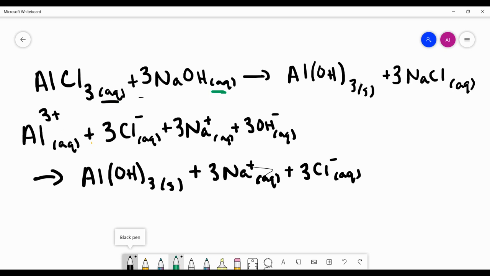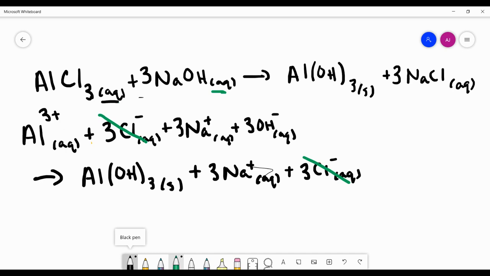So 3 chloride ions on the reactant side. I have 3 chloride ions on the product side. So even though they were present, there's no change there. So I'm going to get rid of them.